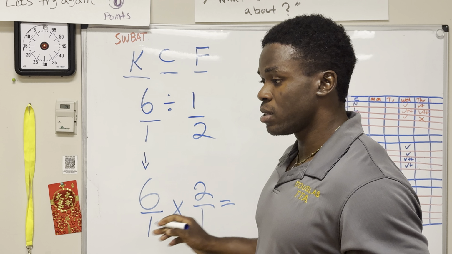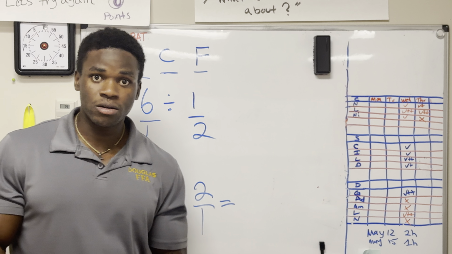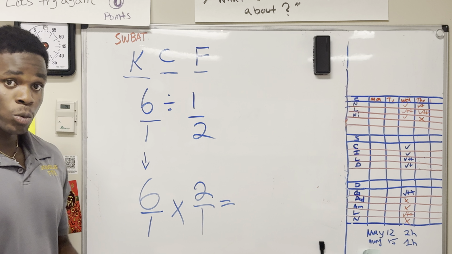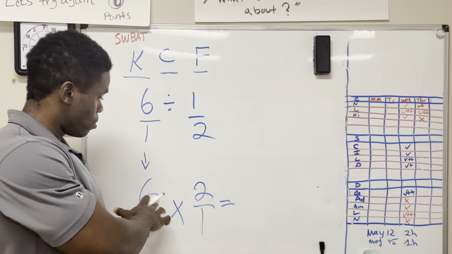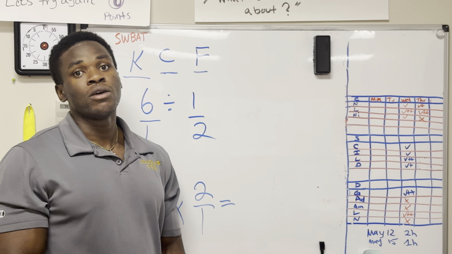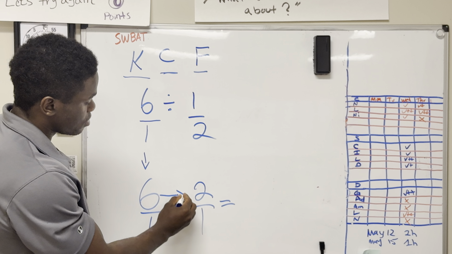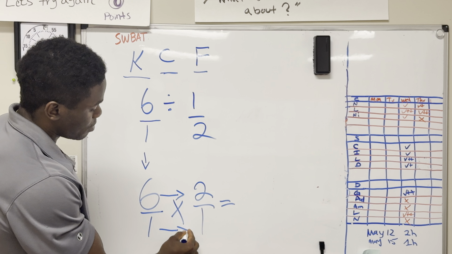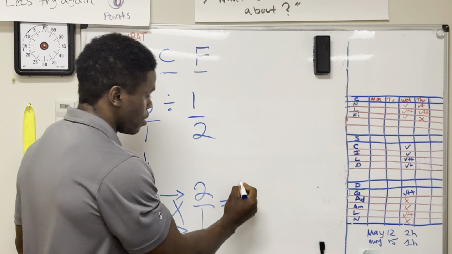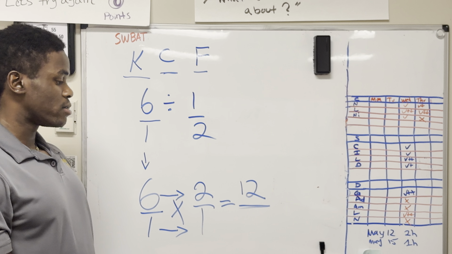And then go ahead and apply the steps that you learned a while back, which is multiplication of fractions. And with multiplication of fractions, all you're doing is just multiplying across. And this will be included in one of the packets that you'll receive, or your students will receive. Here all I'd have to do is multiply across. So 6 times 2, 1 times 1. So 6 times 2 gives me 12. I'll write that at the top. Put my bar to indicate that I'm working with a fraction.